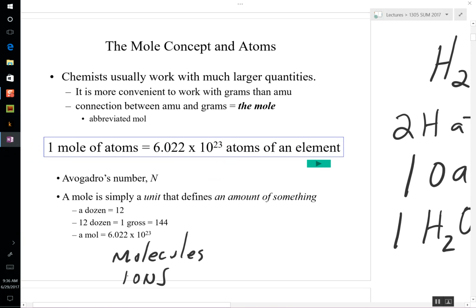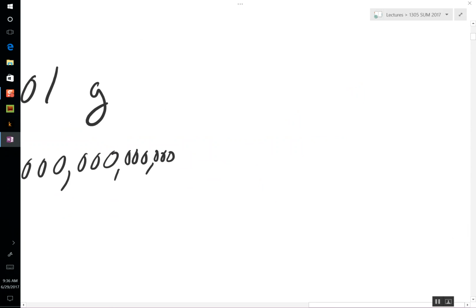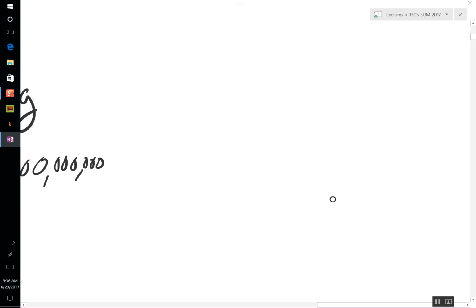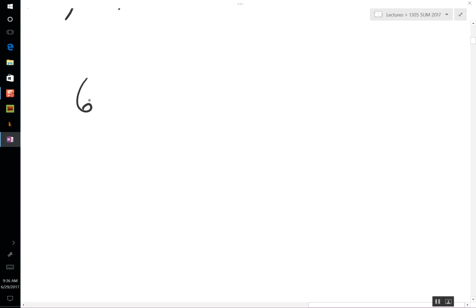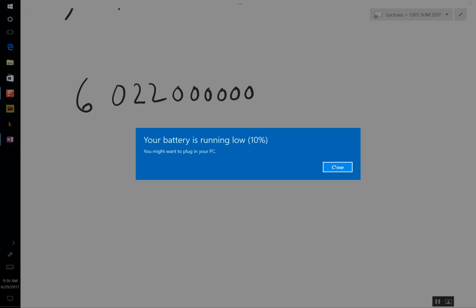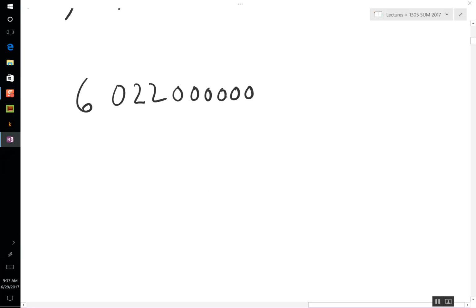Let's get a little feel for how big this number really is. We're going to take this number, 6.022, and move the decimal point over 23 places. All right, so here's 3, 4, 5, 6, 7, 8, 9, 10. 3, 6, 9, 10, 11, 12, 13, 14, 15, 16, 17, 18, 19, 20, 21, 22, 23.